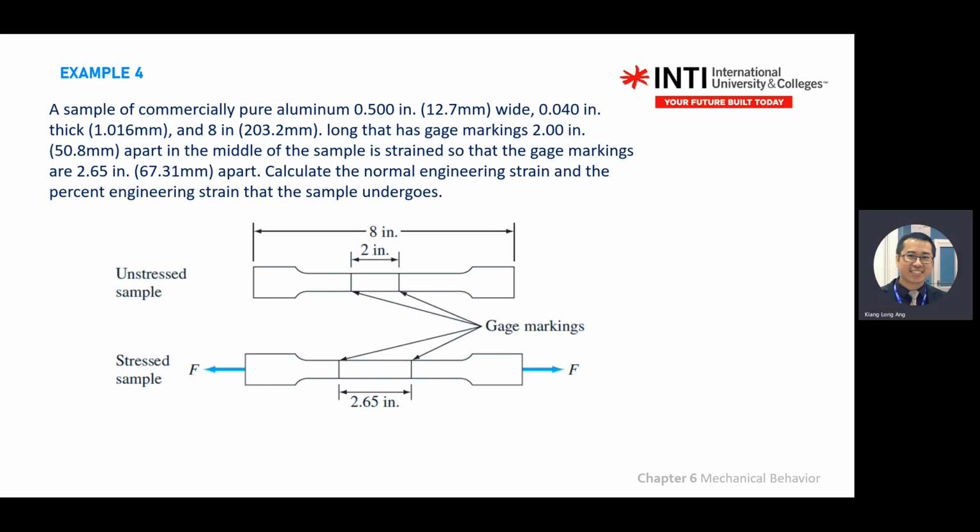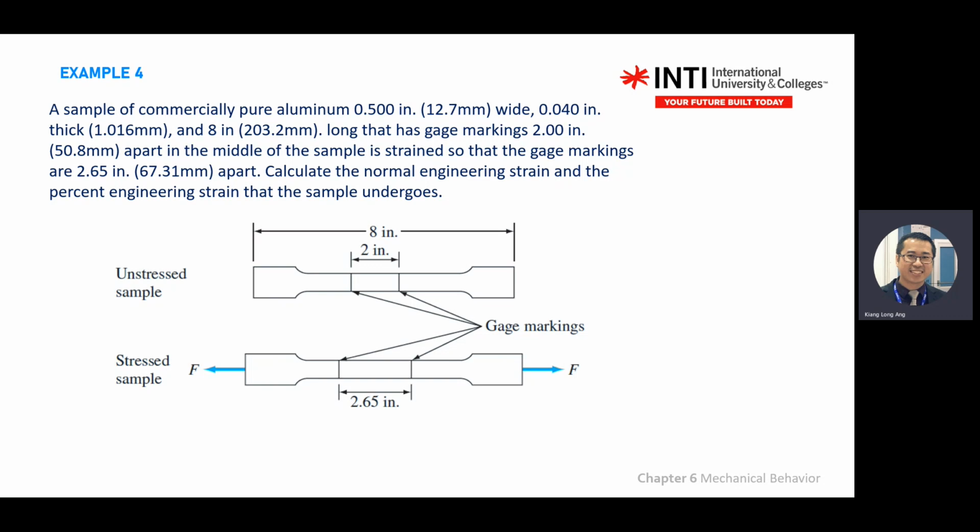So how do you do this one? Based on your understanding in the definition just now, you learn about Hooke's law. What is Hooke's law? Hooke's law: stress equals E times strain. I remember by the shape lah, the E and the strain almost same. What is stress?